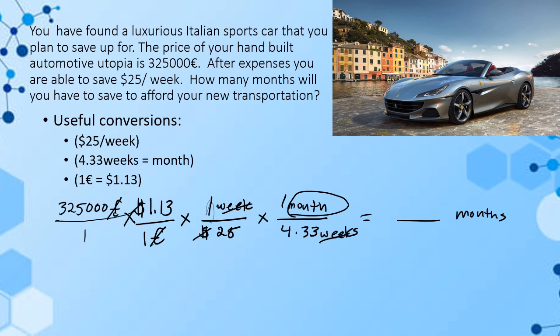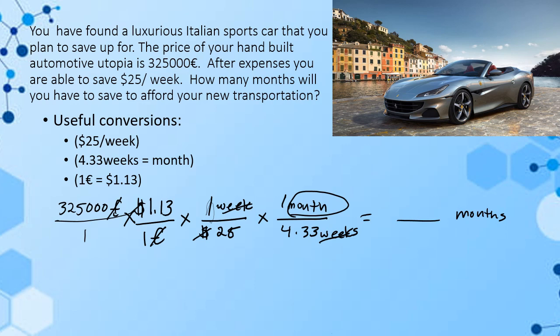So I multiply everything across the top, and then I multiply everything across the bottom, and I divide like it shows. So for the top, I will multiply 325,000 times 1.13 times 1 times 1 and that shows a value of 367,250.